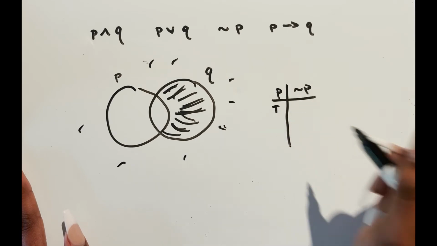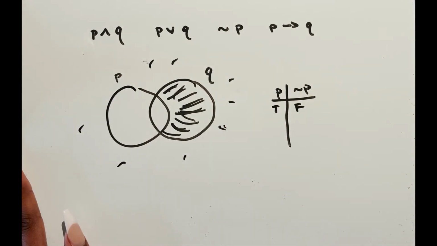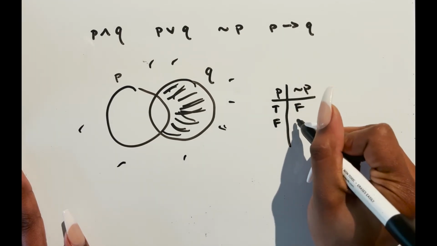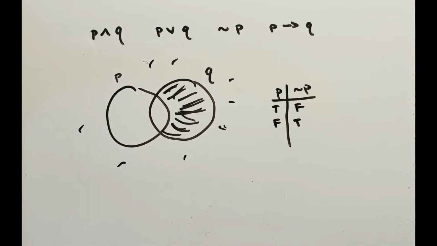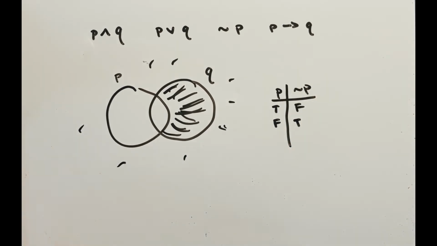So when P is true, then not P is false. When P is false, then not P is true. So here we see that not P is just whatever the opposite of P was. If P is true, then not P is false.